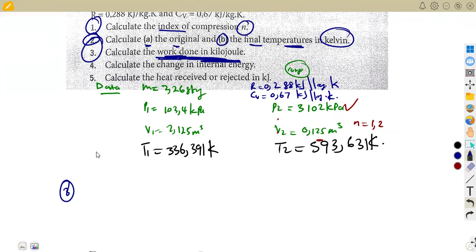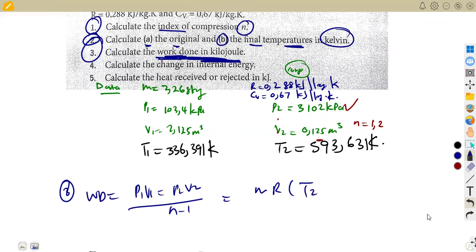Under a polytropic, how do we calculate the work done? Two formulas to be considered. Like I said before, P1 V1 minus P2 V2 over N minus 1, which is equal to MR into T1 minus T2. So I just hope I indicated that formula properly.